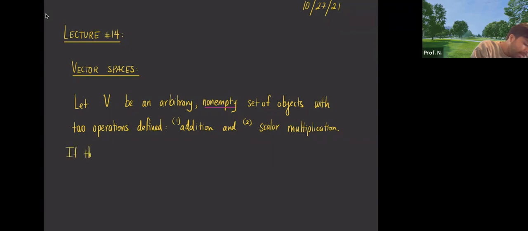If the following axioms, so see, we're going to be taking an axiomatic approach to this. If the following axioms hold, then we call V a vector space.